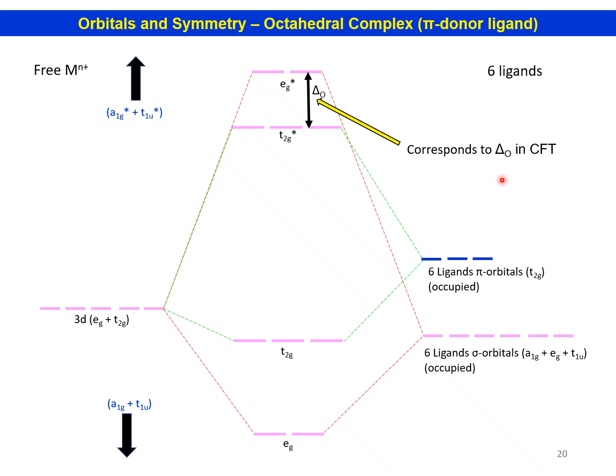The delta octahedral that we see in crystal field theory is actually this part. So in crystal field theory, when we draw the crystal field splitting diagram, we always show that in the presence of weak or strong ligands, the splitting will be like this, like this, like this. Now, the splitting, the delta octahedral, is actually the splitting energy between t2g star and eg star.